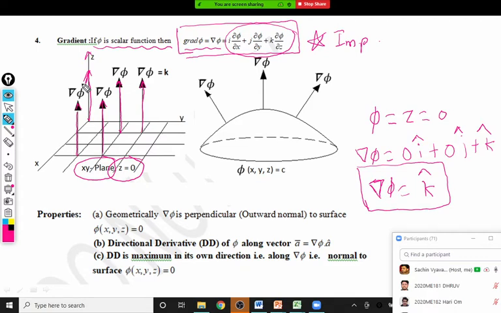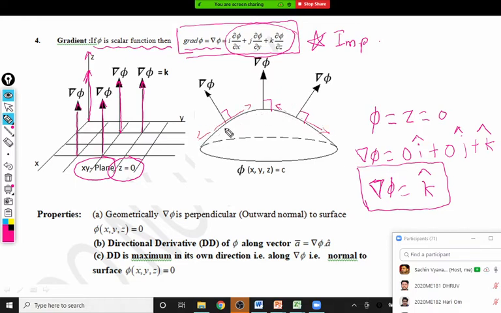Only one thing I want to tell you here. As this surface is just a flat surface, the xy plane, del phi is always along the z axis. If we have a curved surface like this, the del phi vector will be perpendicular to that surface at that point. It is normal to that surface at that point. You can take the equation of a sphere or cone and cross check also if you want.